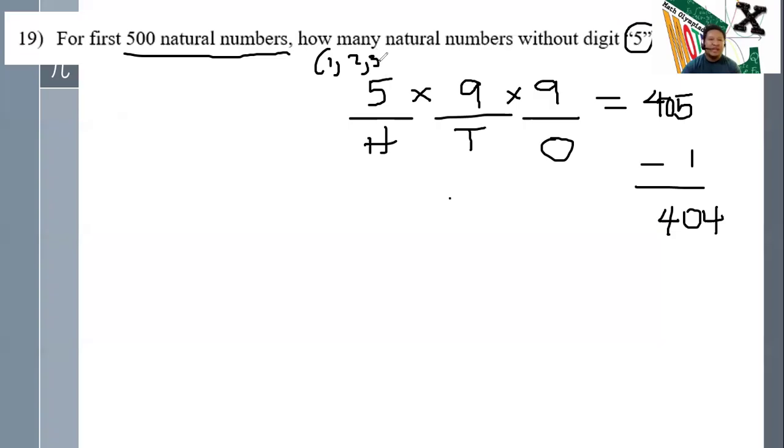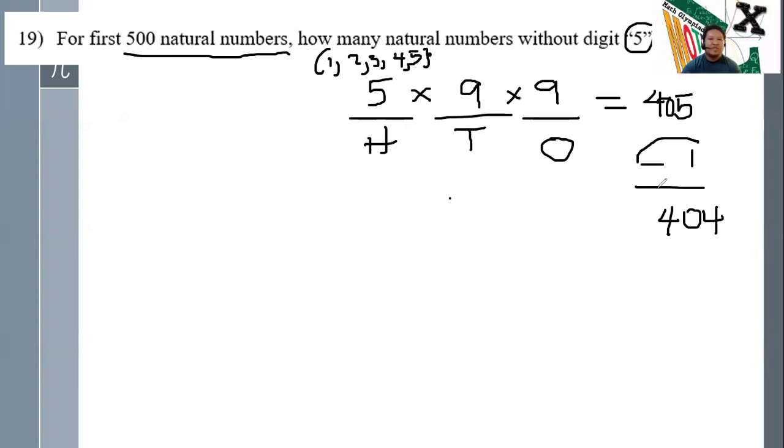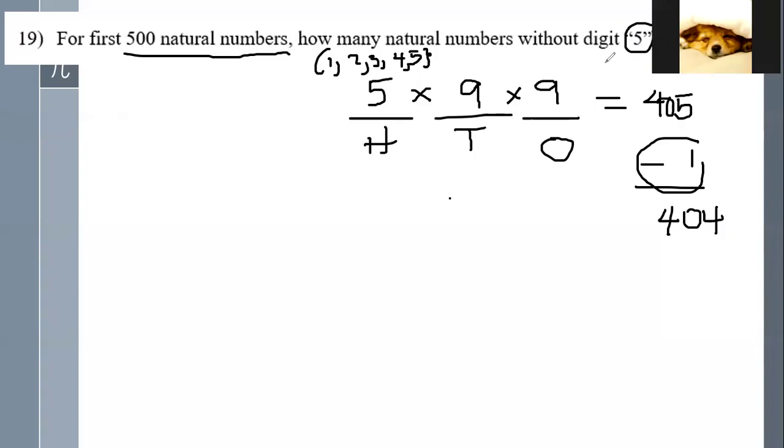But I thought 5 cannot be included. Yes, that's why we subtracted it by 1. Okay, but 500, 400, 0. That will become a little bit tricky. Yes, it could be 0 for that one.